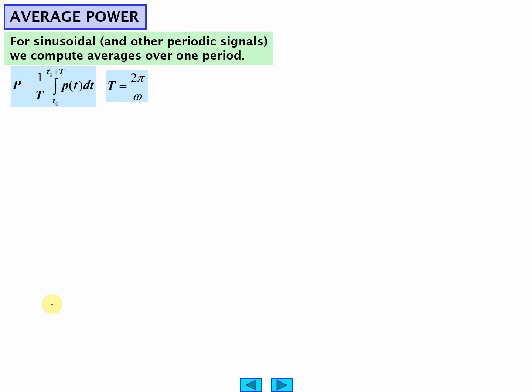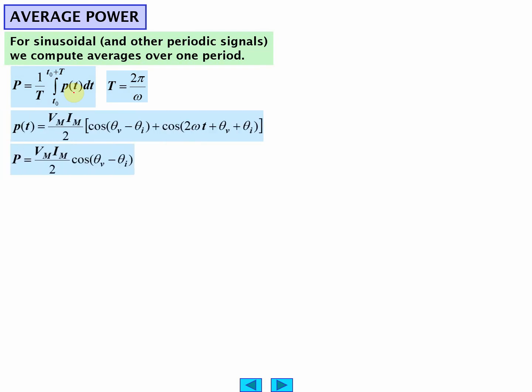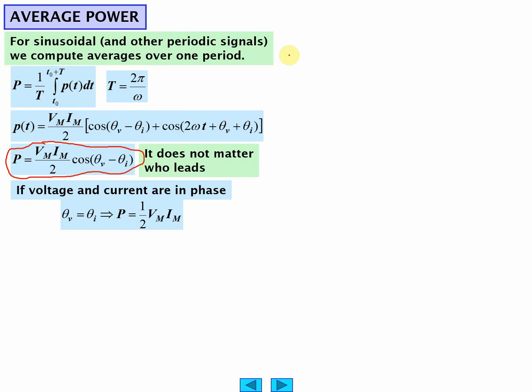So we average over one period of time, and when we do that, this is the average power. It doesn't matter who leads, because the cosine of theta equals the cosine of negative theta.